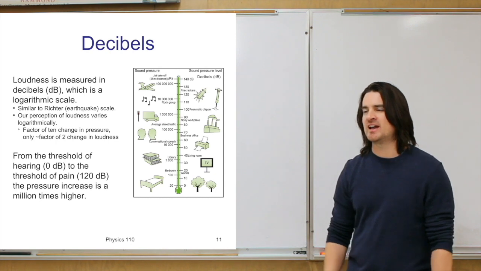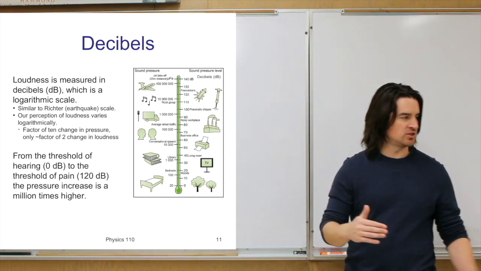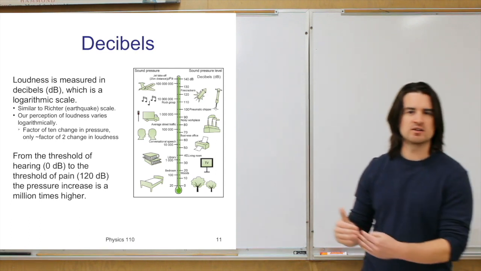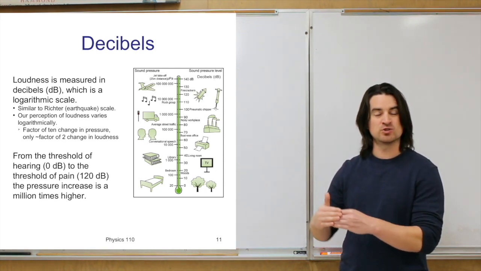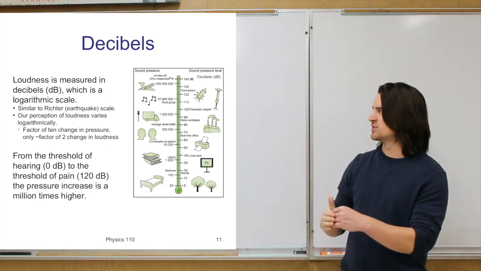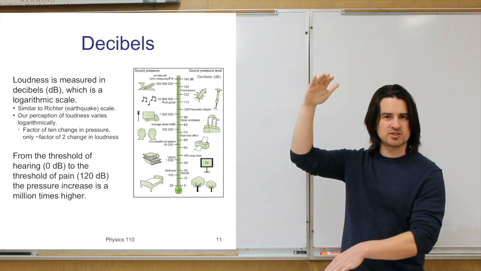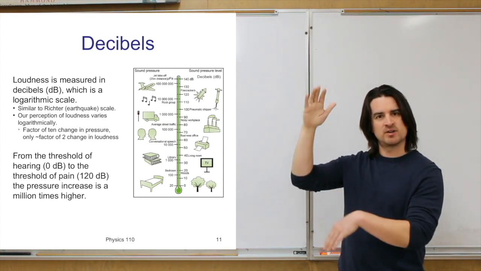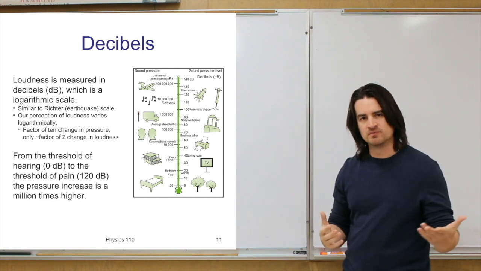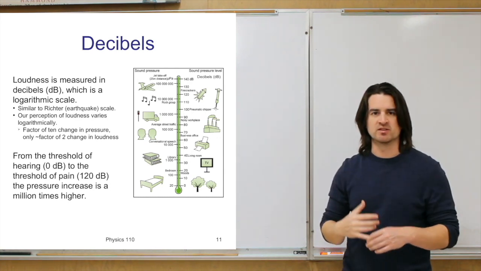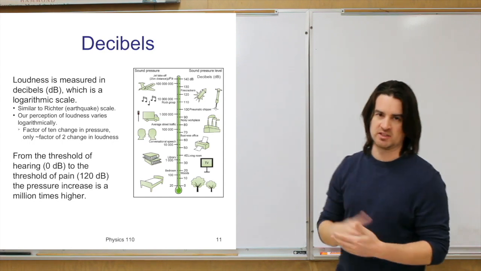For one, the human ear can hear from 20 hertz to 20,000 hertz, and there's an extremely large relative change in the pressure that those sound waves can have. So we've created a different scale to represent the loudness of sounds, and that's what we call the decibel scale.